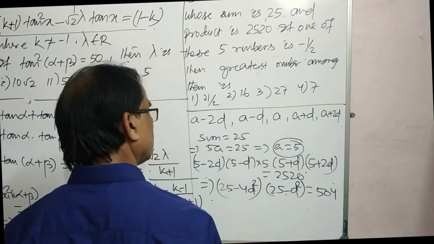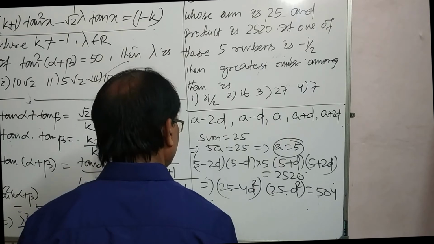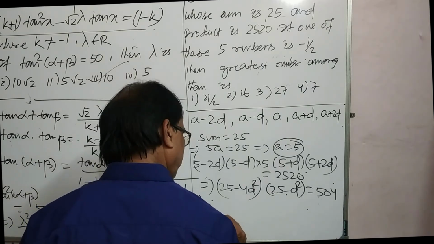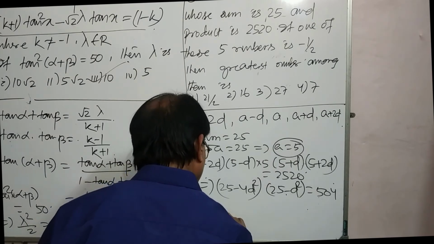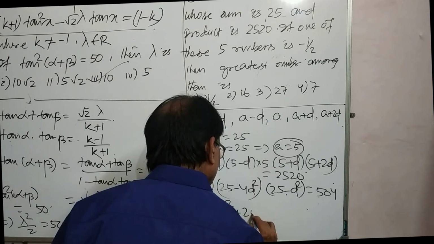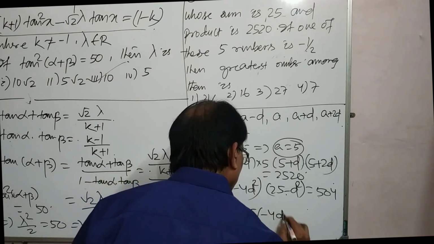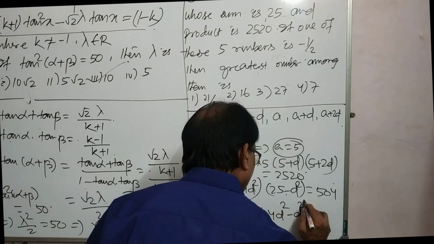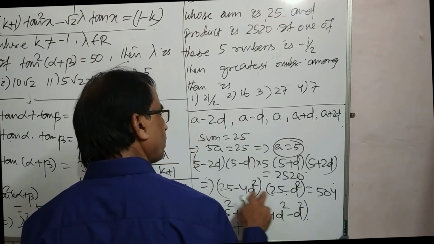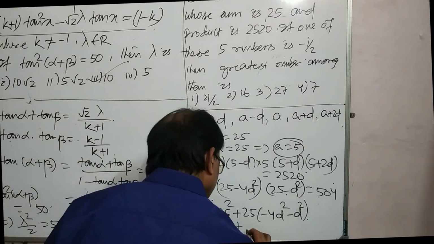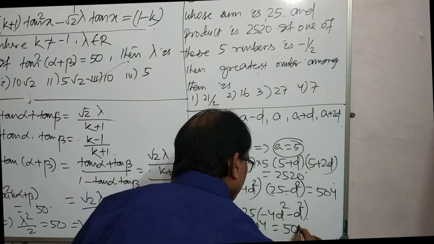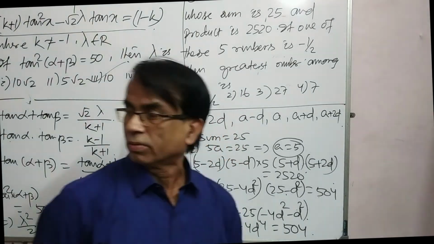So using that, after solving, this is 25 square plus 25 into minus 4d square minus d square, and minus 4d square into minus d square, that is 4d to the power 4, is equal to 504.